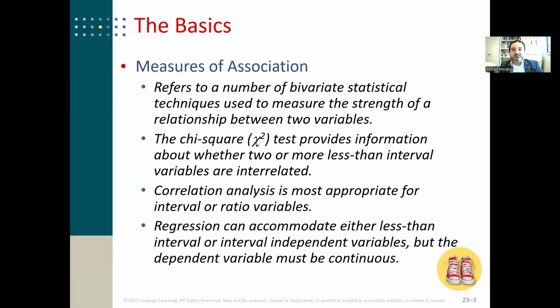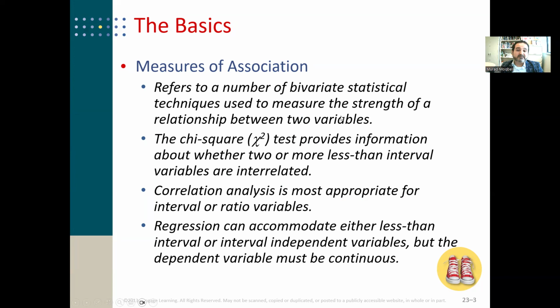So measures of association refers to the number of bivariate statistical techniques used to measure the strength of relationship between two variables. Anything that starts with bi refers to two. So bivariate refers to two variables, right?